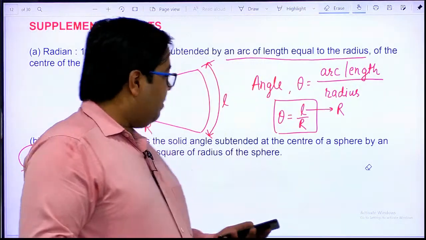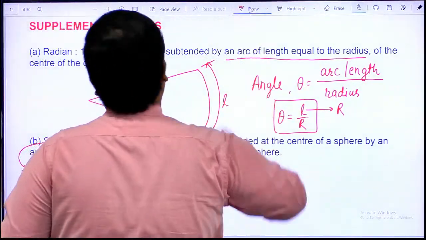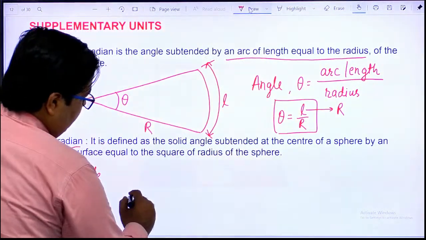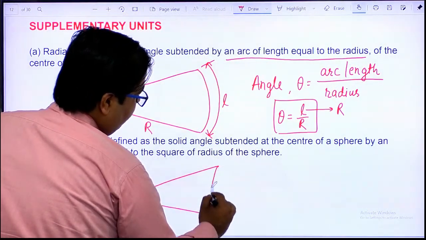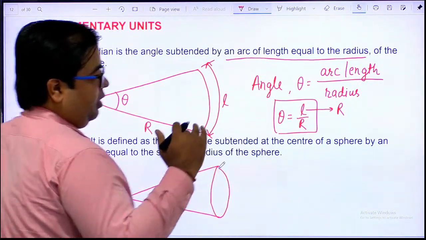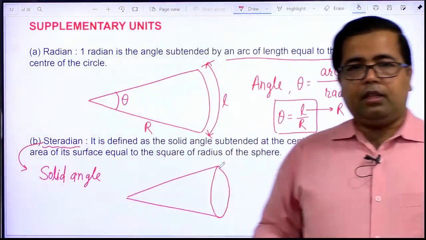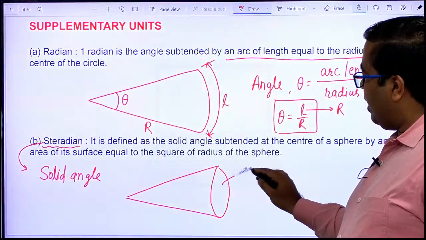Let's see solid angle. Solid angle means, you must have seen a birthday cap or a cone which has a convex area.